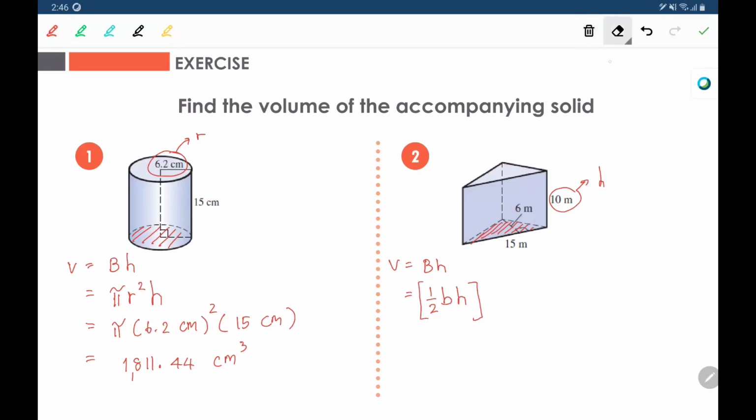Okay, I think I should use this H as the capital H. Then 1/2, the base is 15, and the height of the triangle is 6 meters, it's in meters. Okay. 15 meters times 6 meters and times the height, which is 10 meters. Then the final result, the volume of this solid, is 450 cubic meters.